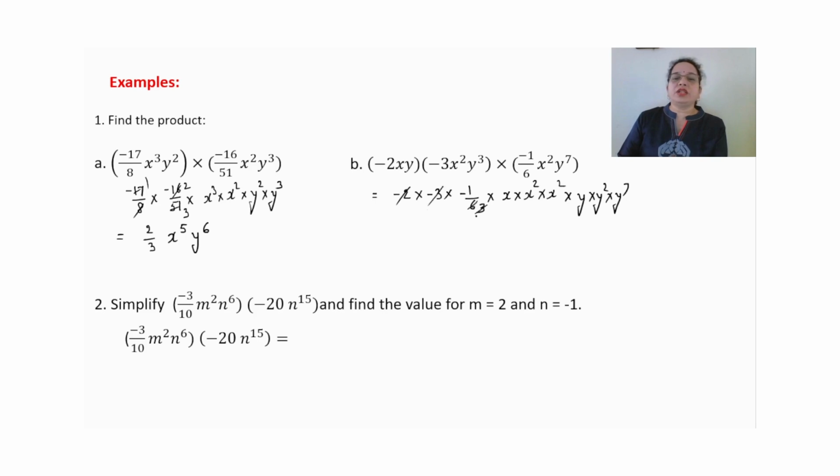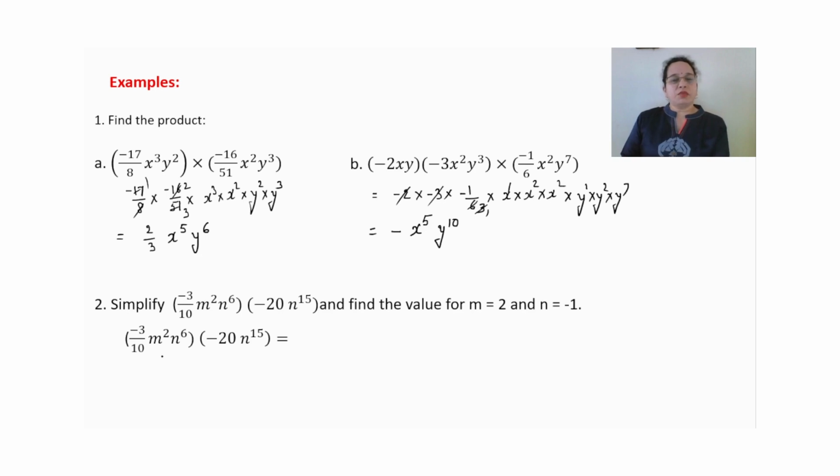Similarly 3 1s are 3, 3 1s are 3. So total number of negative signs is 3, so the answer will be negative. There will be no number. So x raised to the power 1 plus 2, 3, 3 plus 2, 5. If the bases are same and multiplication is there, add the powers. Y, again no power is there, it means 1. 1 plus 2, 3, 3 plus 7 will give you 10.